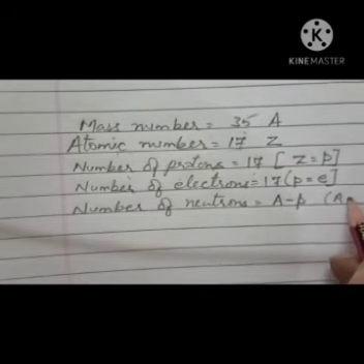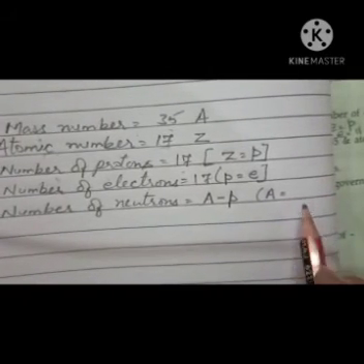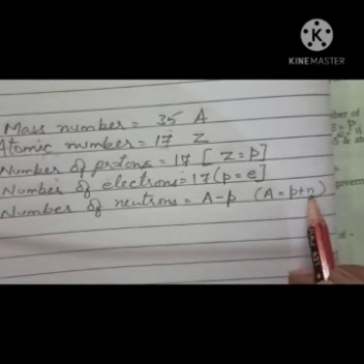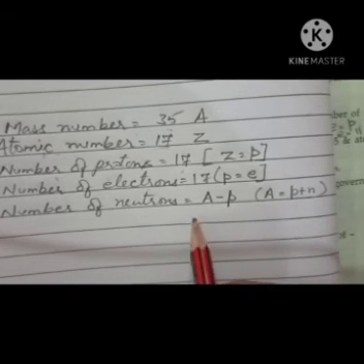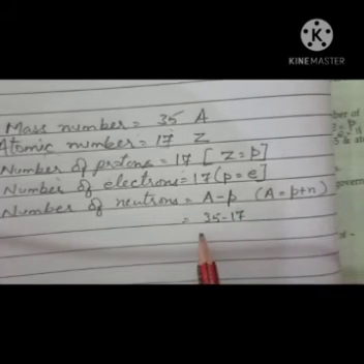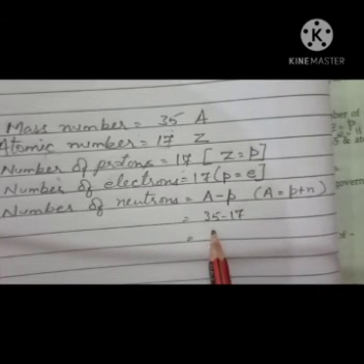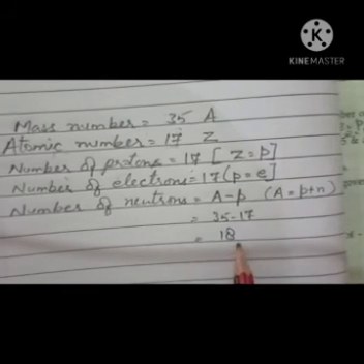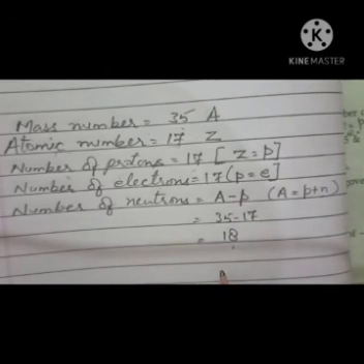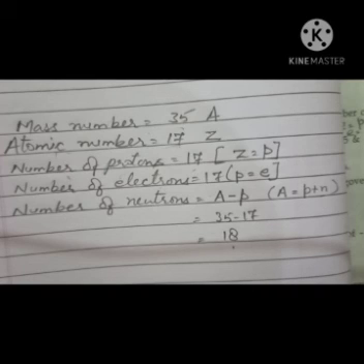Because all of you know that A is equal to P plus N. So N is equal to A minus P. A is 35 and P is 17. So what is your answer? 18. Right? So the number of neutrons is 18. Understood? So children, practice these to learn how to find the number of protons, electrons and neutrons. Okay children, thank you.